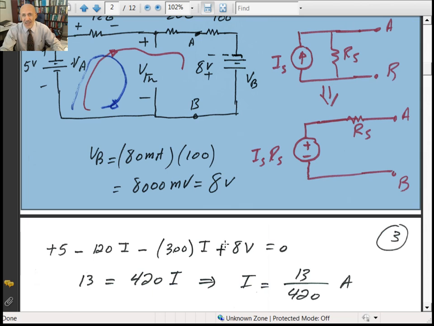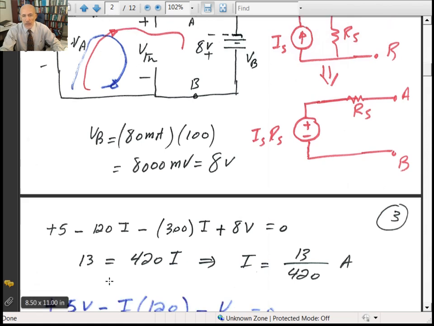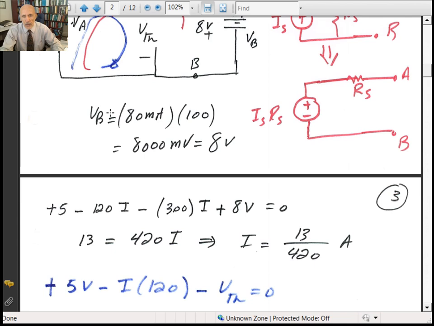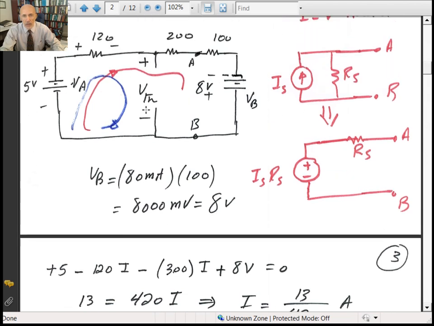And then there are a couple of ways you can calculate V Thevenin. If I go around the blue loop, you can apply Kirchhoff's voltage law for that loop, and it should add up to 0. So it'll be plus 5 volts, then minus the current I times 120, and then plus minus the V Thevenin.